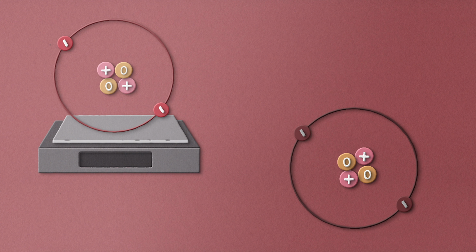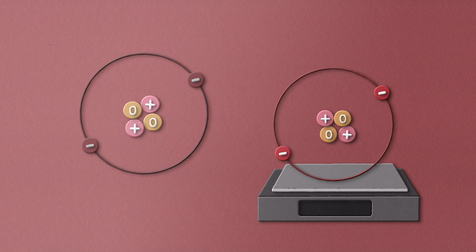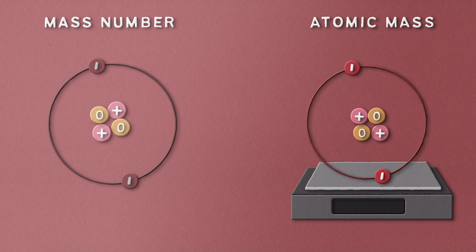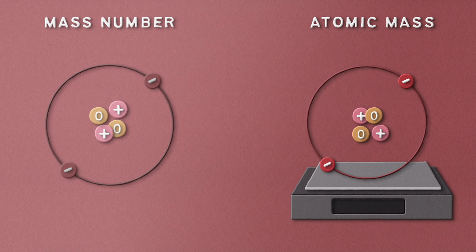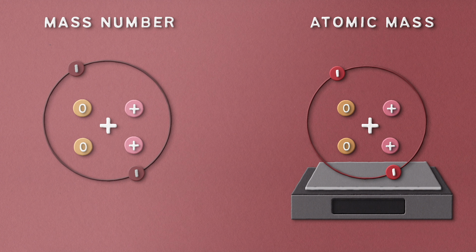There seems to be a bit of an overlap between atomic mass and mass number, and there lies the confusion. Mass number and atomic mass are very similar because they essentially add units of neutrons and protons.